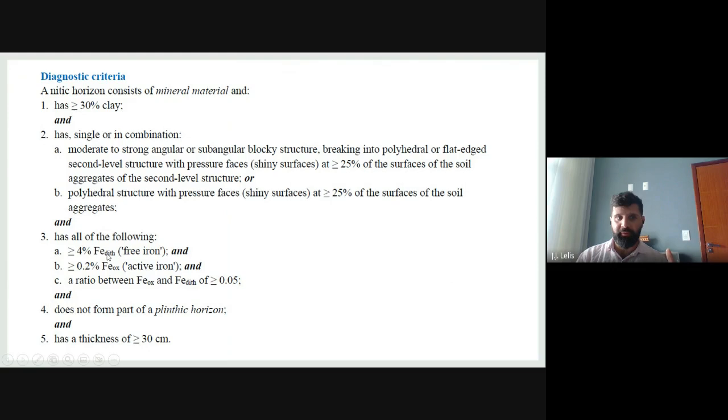This free iron is related to all iron oxides in the soil. And this iron extracted by oxalate is associated to poorly crystalline minerals. So we should present a high content of iron associated to oxides in the nitic horizon.